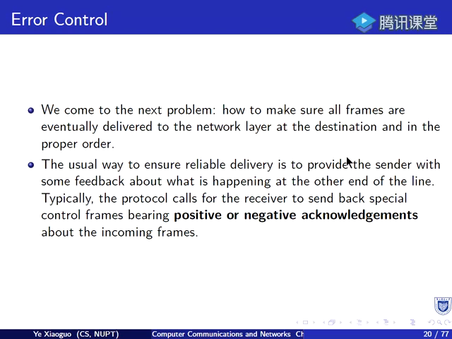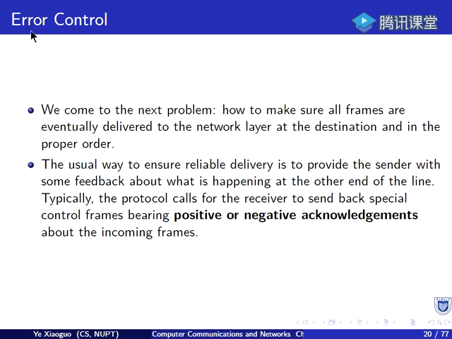Then we will talk about error control. Just now we have talked about framing mechanisms, that is, what kind of flag to use to describe the beginning and the end of a frame.